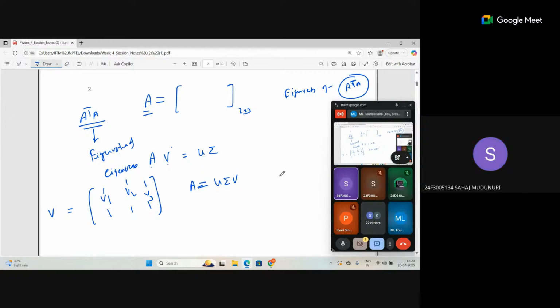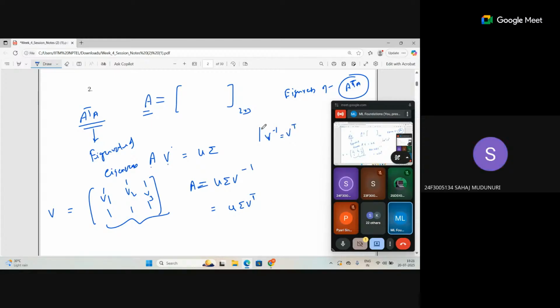Why it is transpose is because this basis is orthogonal. If it is an orthogonal matrix, then V inverse will be equal to V transpose.